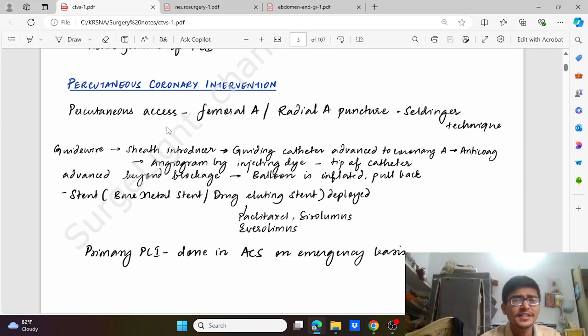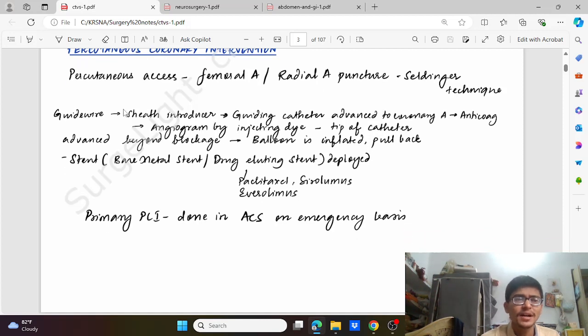So now the percutaneous intervention. First we'll go for the percutaneous access with the help of femoral artery or the radial artery puncture through the Seldinger's technique. We'll insert the guide wire, then the sheath introducer, the guiding catheter advancing to the coronary artery, anticoagulation, angiogram done by injecting dye, then tip of the catheter is advanced beyond the blockage, balloon is inflated and pulled back, then we place a stent, which could be a bare metal stent or a drug eluting stent, which is deployed.